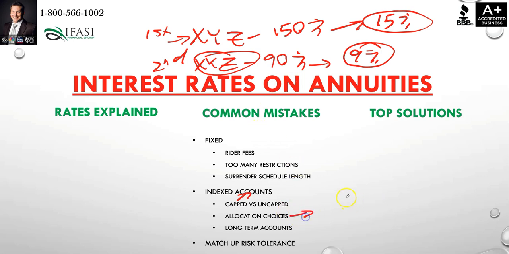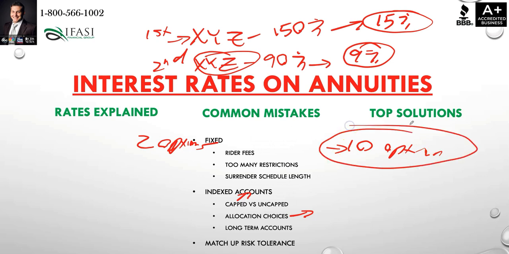Also, allocation choices. Maybe you have a whole slew of uncapped indexes and one company is giving you 10 different options to choose versus another company only is giving you 2 options. Well, if all things are pretty identical, we'll go with the one that has the more plentiful options. Long-term accounts, if you don't need to get set up into a 10-year restricted or a 12-year restricted duration, and you could accomplish that same need with a 5-year restriction, go with the 5-year.